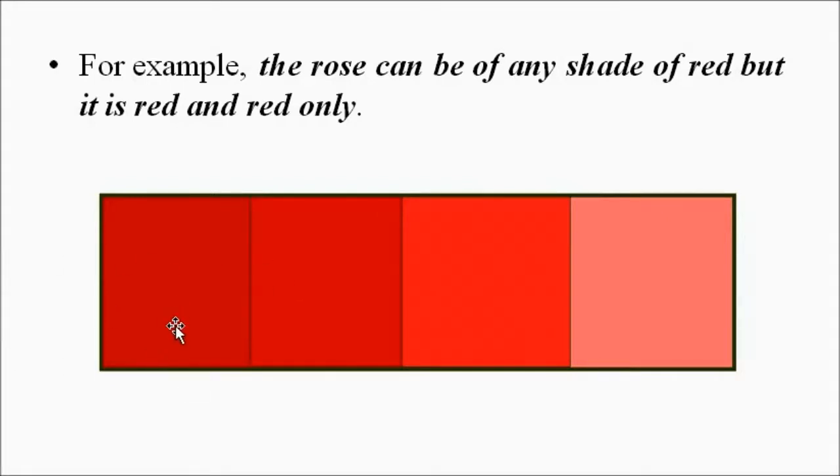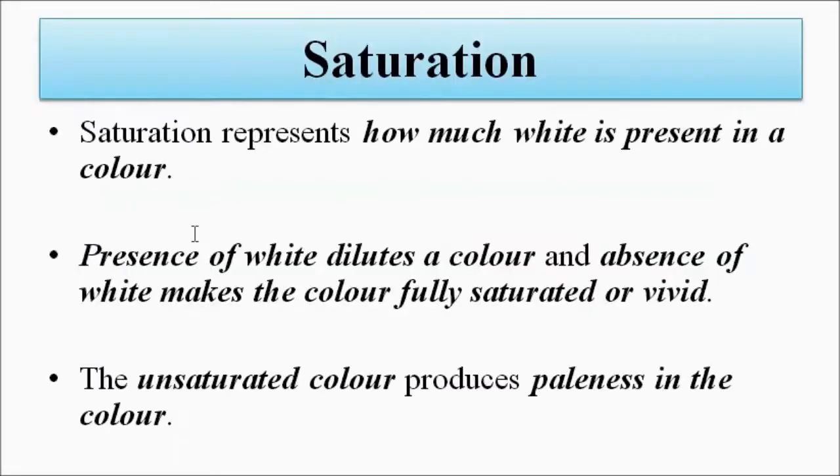So what I'm trying to say is that all of these things are red, but it can start from deep red and then gradually become more and more light. And here you can say it is more towards the pinkish color, but some can say it is light red. They will not be wrong. Similarly, another important aspect is saturation.